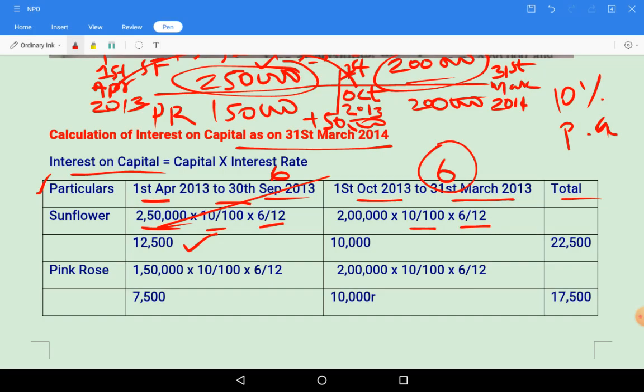For remaining 6 months period, we are holding only 2 lakhs as capital. So 2 lakhs into 10/100 into 6/12. This is for remaining period.